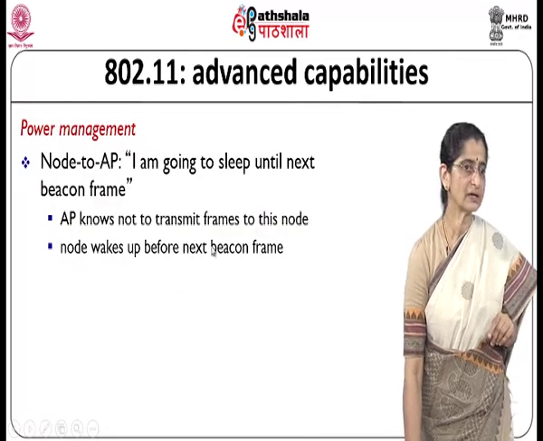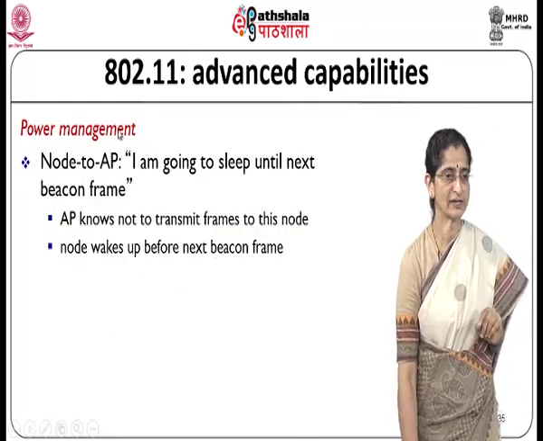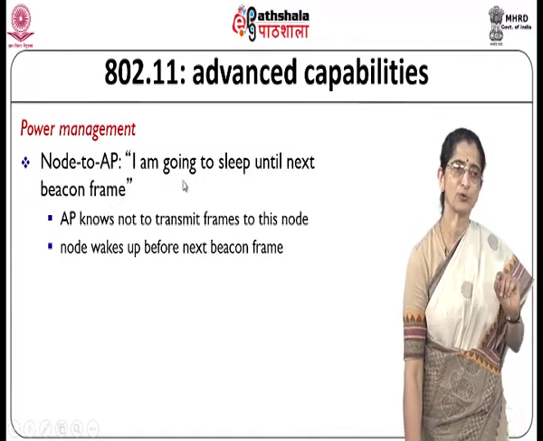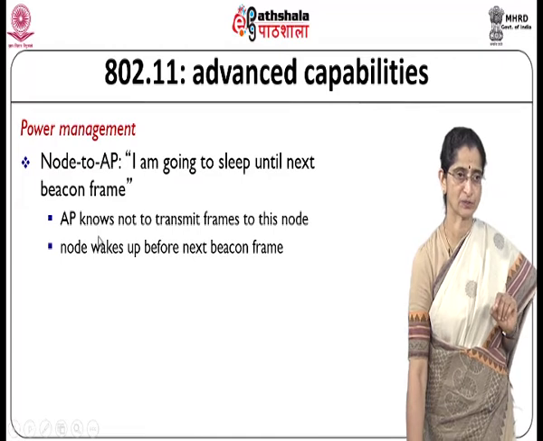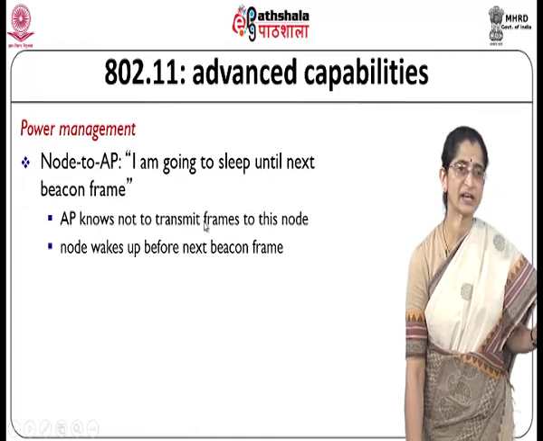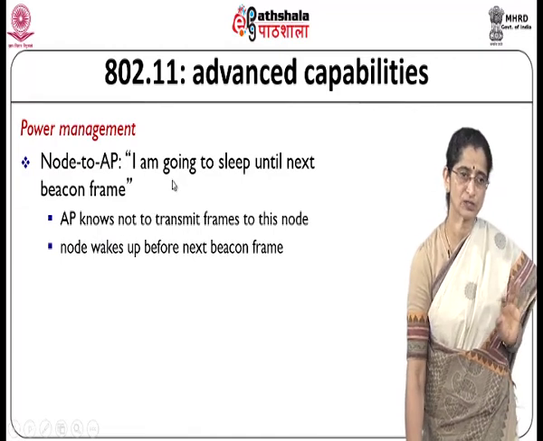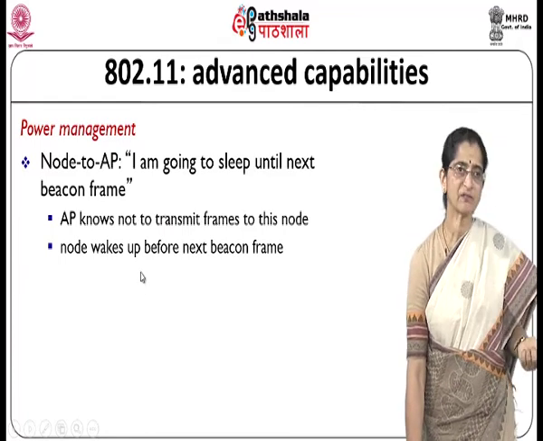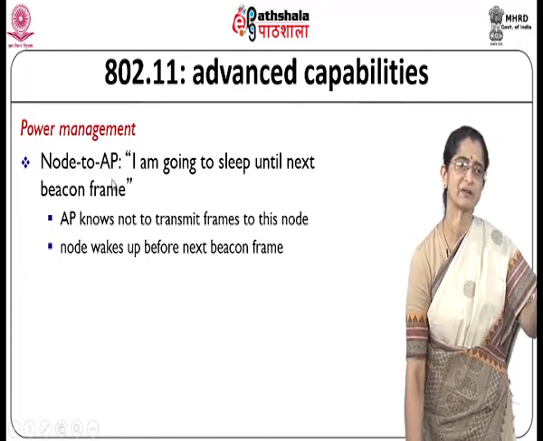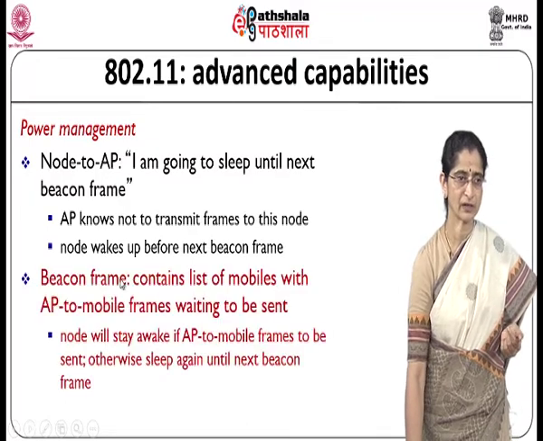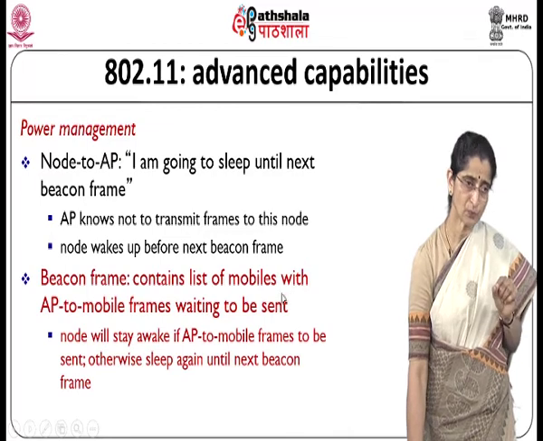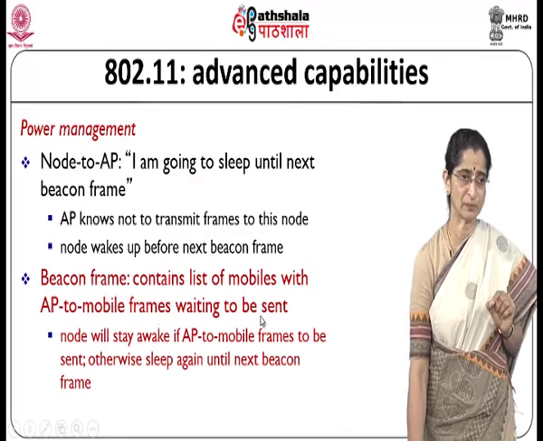Another capability that is also provided is power management. Here, a node can tell the AP that it is going to sleep until the next beacon frame. Which means the AP should not send any frames to this particular node until the next beacon frame. When the next beacon frame comes, the node will wake up automatically and be able to receive the data. The beacon frame will contain the list of mobiles with AP-to-mobile frames which are waiting to be sent, right.